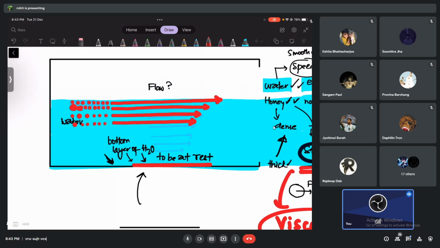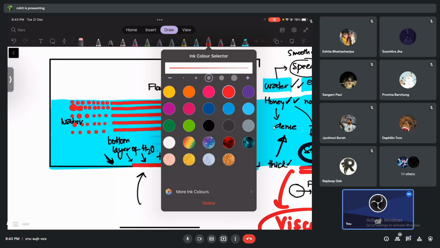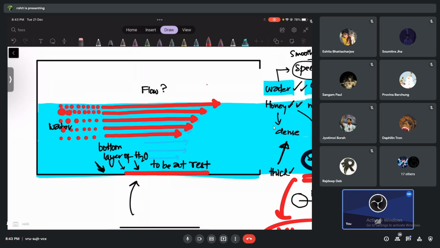So all these molecules that I'm drawing below and below and below are moving, of course, with some speed, but the point is this. The topmost layer is not in between two layers of liquid. It is just above one layer of liquid. However, if I look at any other layer, this layer, it is in between two layers of liquid, that is this and this.